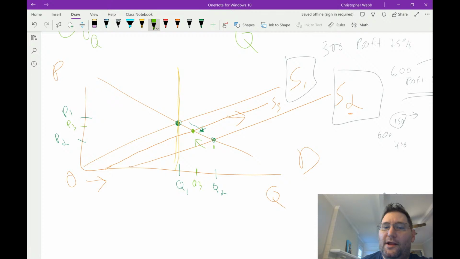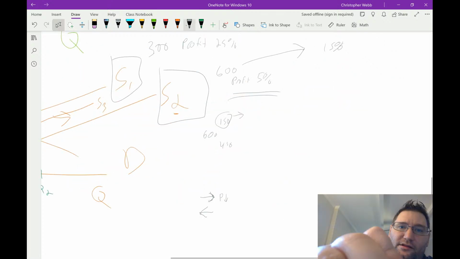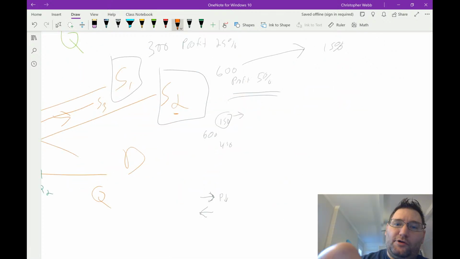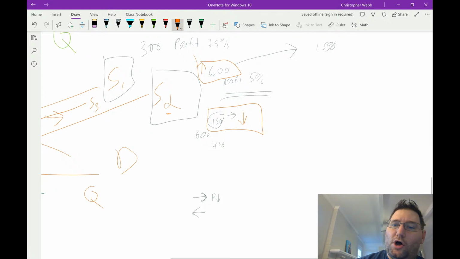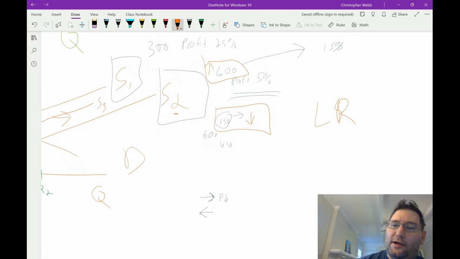And what happens in the overall market is these increases and decreases of suppliers cause the long run supply curve, LRSC, to remain vertical.